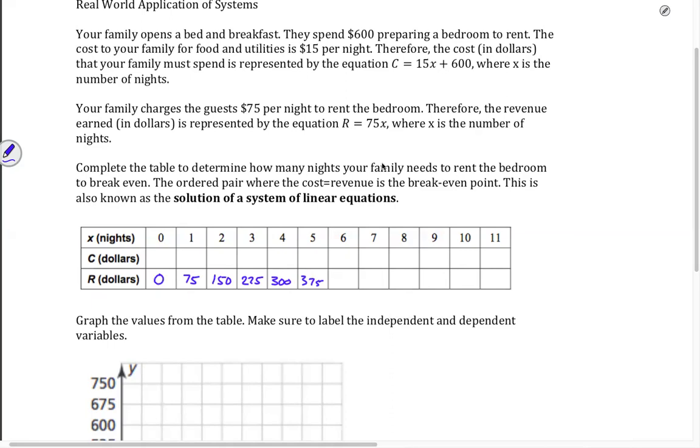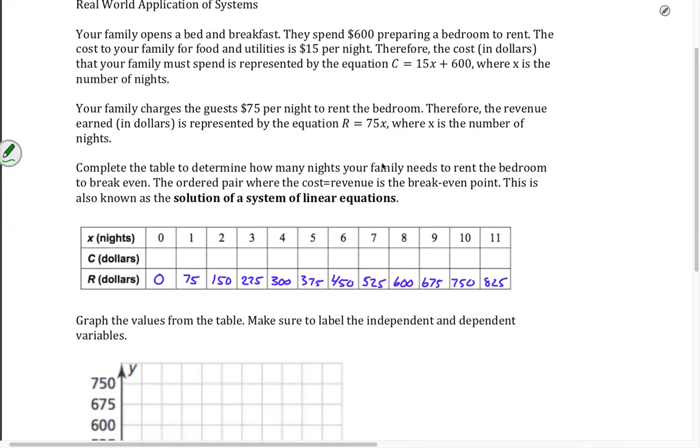I think that's the easiest way to do it here, or you could type it into your calculator and graph it. But I think it's just easier if I type it in this way. So 7 and 525, 8 and 600, 9 and 675, 10 is 750, and 11 is 825.